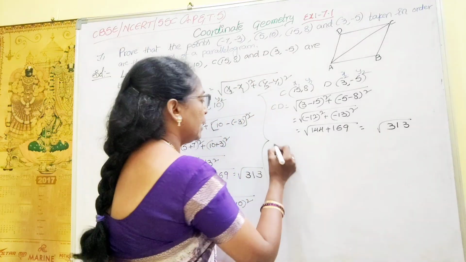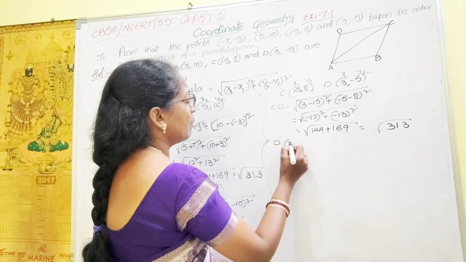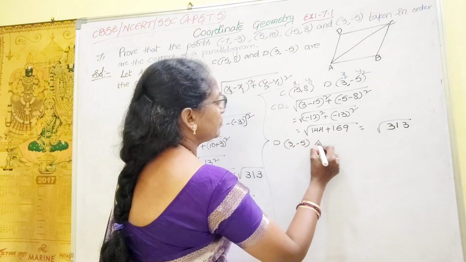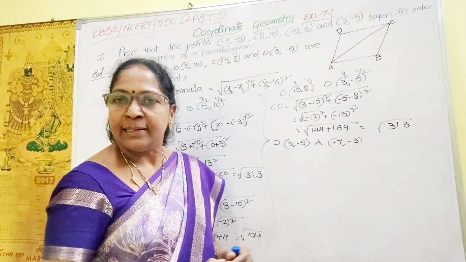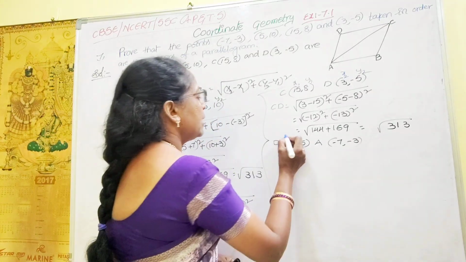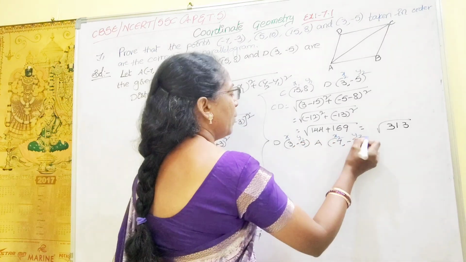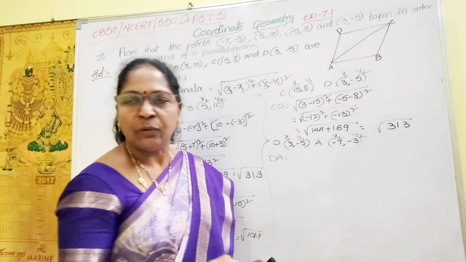Next one is DA, where the D value is 3 comma minus 5 and the A value is minus 7 comma minus 3. Let us represent x1, y1, x2, y2 again. Now DA or AD, anyway both are the same.